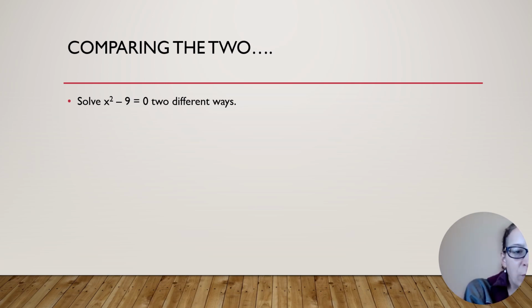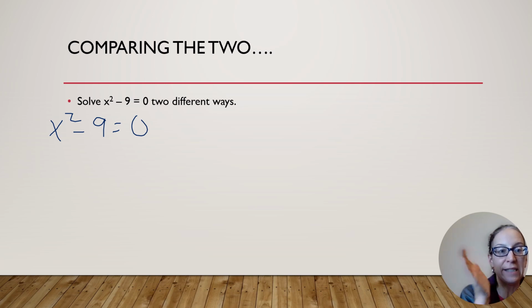So the first way that we're going to look at this is through factoring. I hope that you notice that this is the difference of squares, embedding a little bit of review in here. Difference means subtraction, and the squares mean that both of the things we're subtracting are perfect squares. So this is x squared, don't overthink it, and then 9, which is 3 squared.